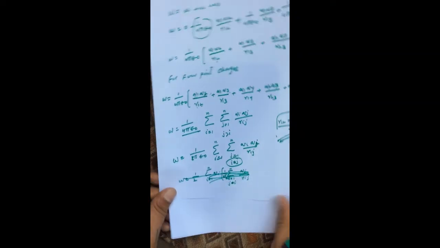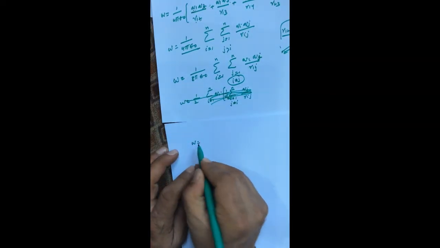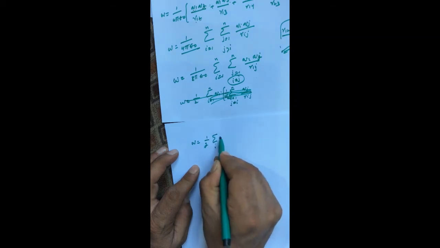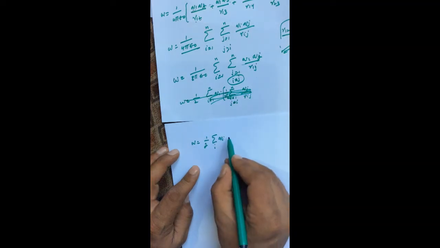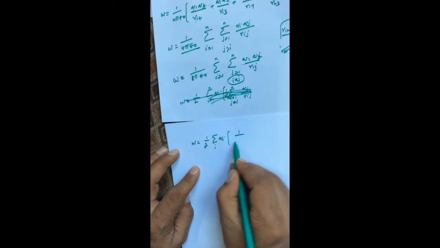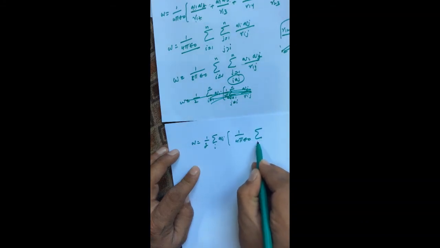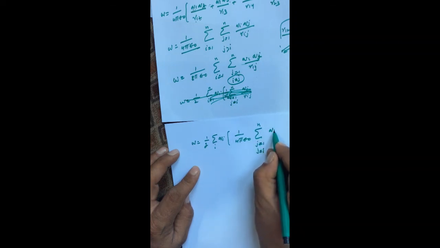I can write this expression on the next page: W is equal to 1 over 2 sum over i Qi. I bring this term with this summation, so we are left with 1 over 4 pi epsilon naught sum over j started from 1 up to n, j is not equal to i, and we have Qj over Rij.